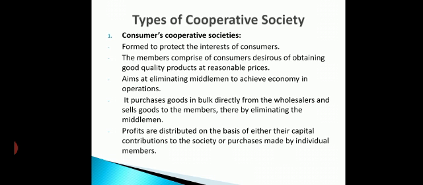It purchases goods in bulk directly from the wholesalers and sells goods to the members, thereby eliminating the middlemen. Profits are distributed on the basis of either their capital contributions to the society or purchases made by individual members.